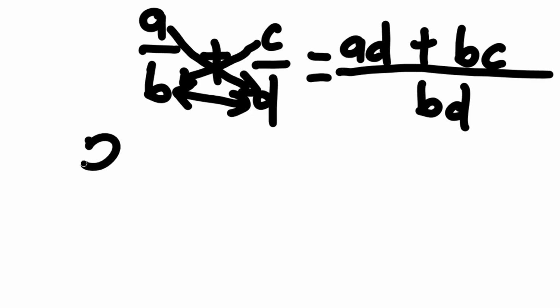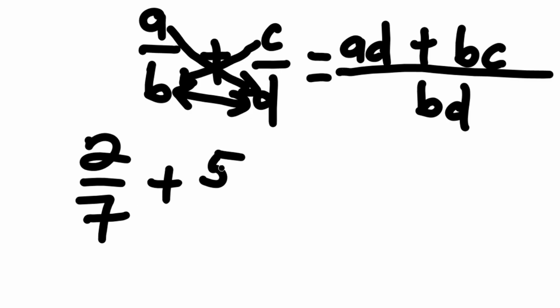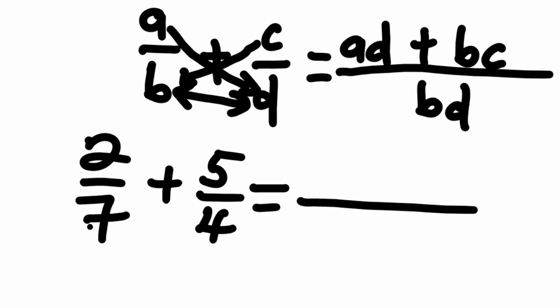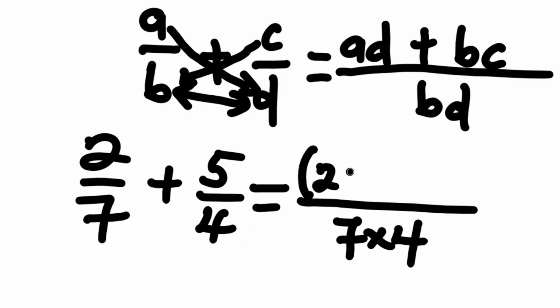If you have something like 2 over 7 plus 5 over 4, this will be equal to, at the denominator, you multiply 7 times 4. At the top you do a bracket 2 times 4, because this 2 multiplies this 4.